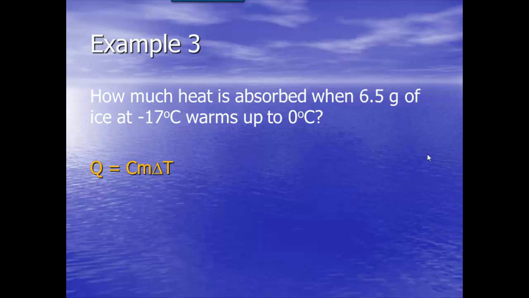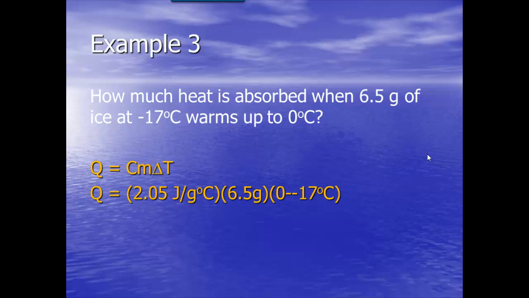This was the warning I gave you earlier. I have ice at negative 17 degrees. That's a really cold temperature, so I definitely have solid ice. If you look in the reference tables, the specific heat of ice is not the 4.18 number that we typically use for water. It's the other one, 2.05 joules per gram degrees Celsius.